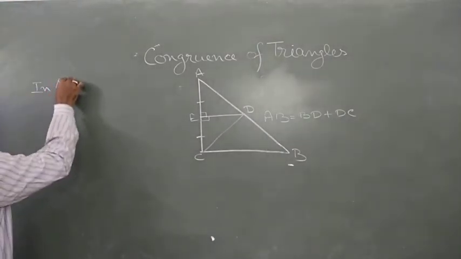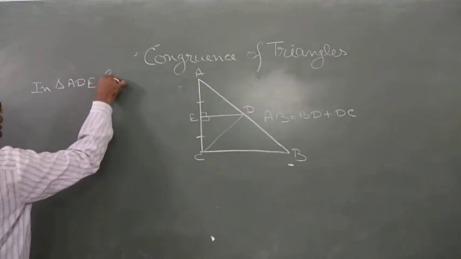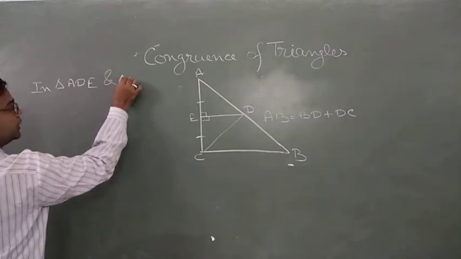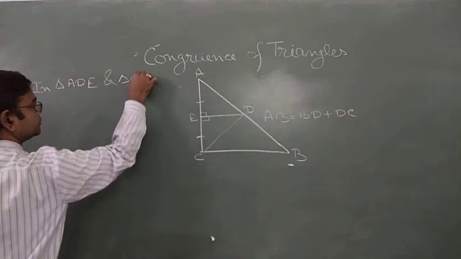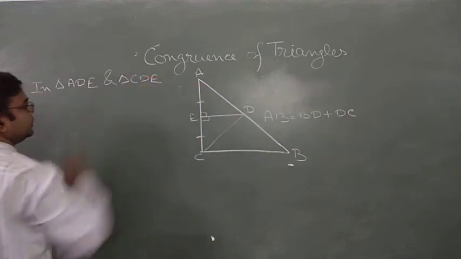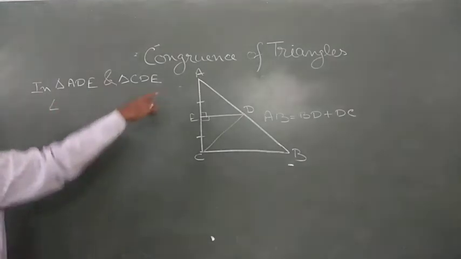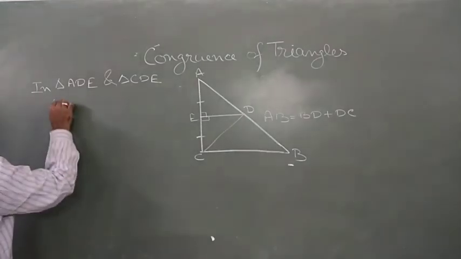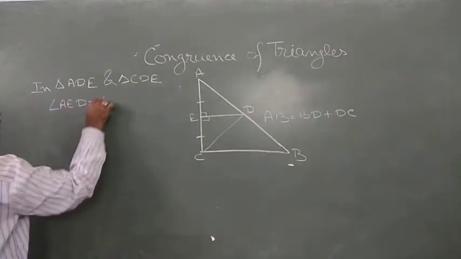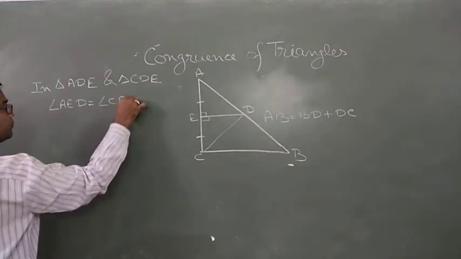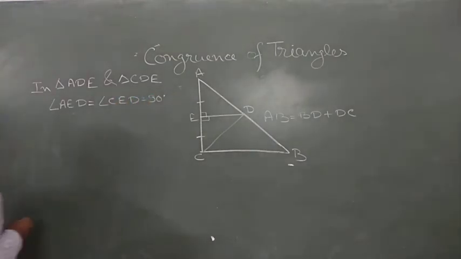In triangle ADE and in triangle CDE, as we know that angle AED equals angle CED. Why? Because they are 90-degree angles given to us.